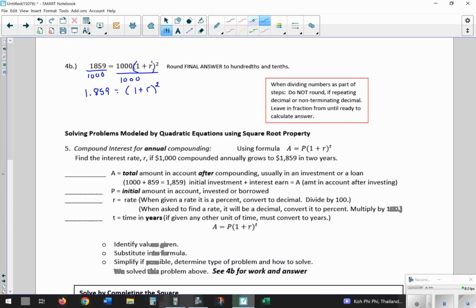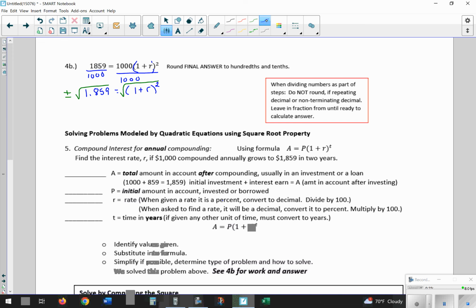Our next step says let's take the square root of both sides. And on the side that has the number, we put our plus minus. Now we could in fact put the plus minus on the side that has the variable, but that does add extra steps, and we don't really want to add extra steps.